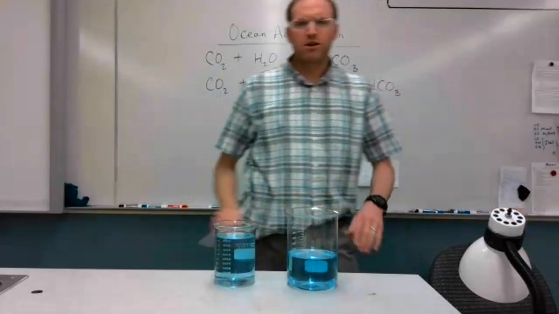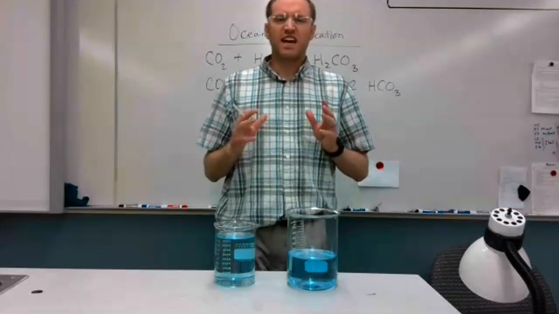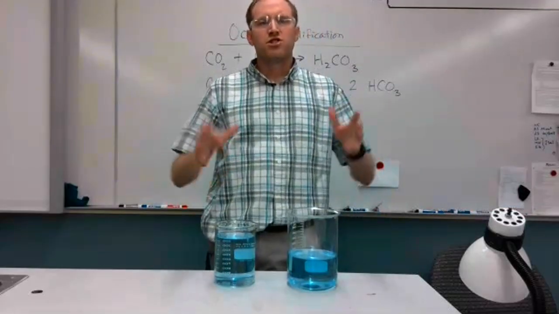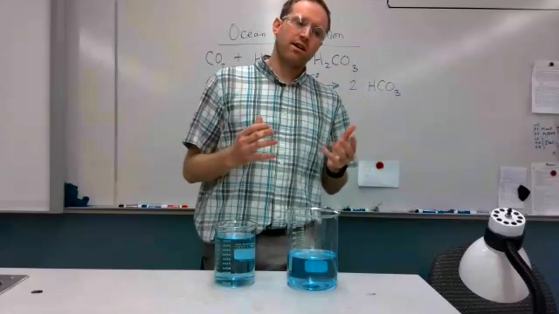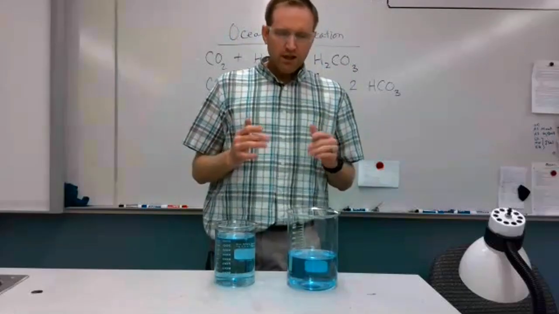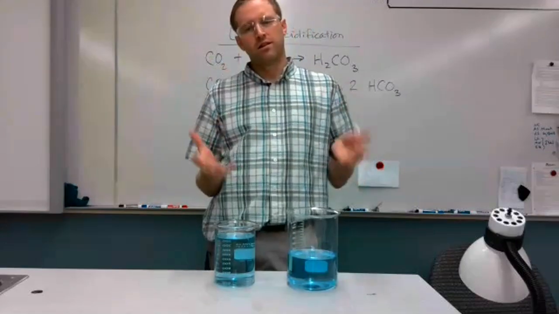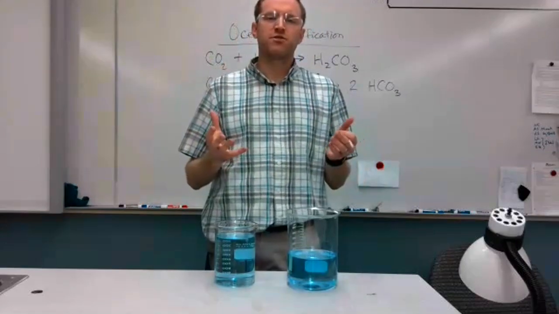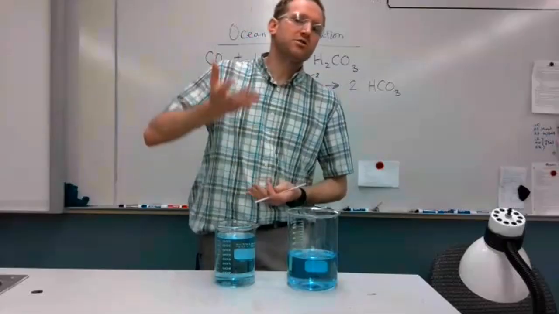Okay, so we're going to talk about something called ocean acidification. Right now in chemistry we're studying acids and bases. In our atmosphere right now, carbon dioxide is building up.